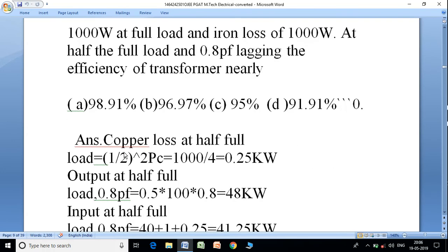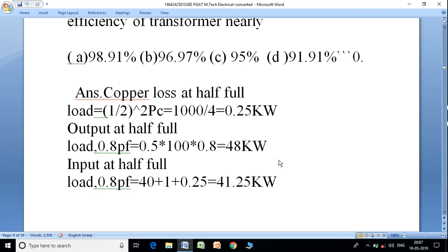So copper loss at half full load. So already we have been given copper loss at full load. Therefore, at half full load it is x square Pc, where x is 1 by 2, so 1 by 2 square into Pc, that is 1000 by 4, 0.25 kilowatt.